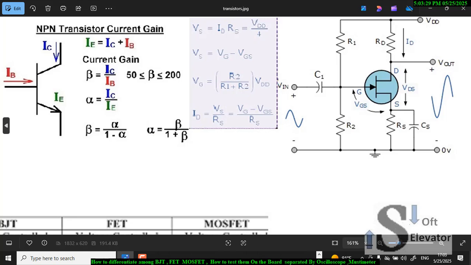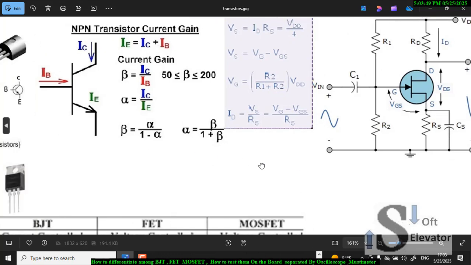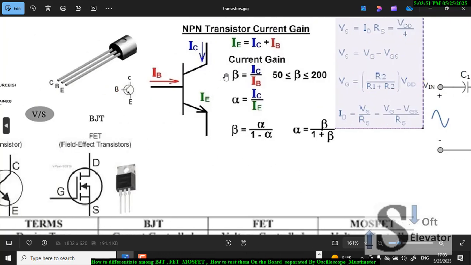By these equations I can determine this voltage here, and using the oscilloscope I can test this voltage, AC or DC, and I can decide if this transistor is working well or is damaged. In the same way I can use a multimeter or oscilloscope.